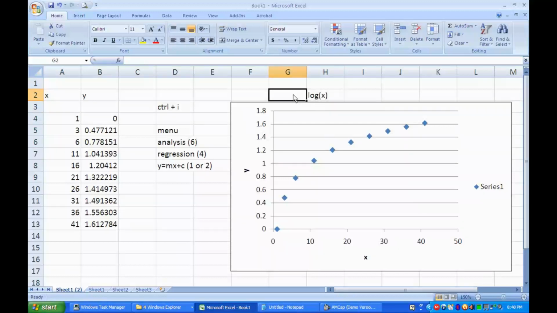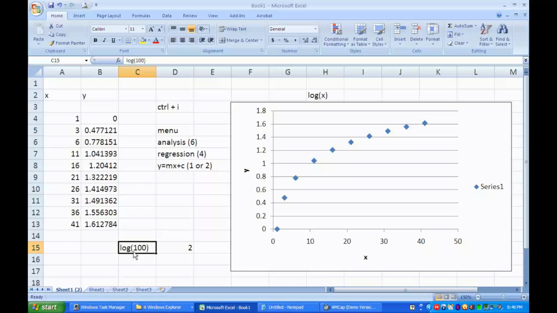Now, what are logs? I meant to talk about this earlier. Basically, log of 100 equals 2, because if it's not specified otherwise, if you see log, you can assume it's log base 10.